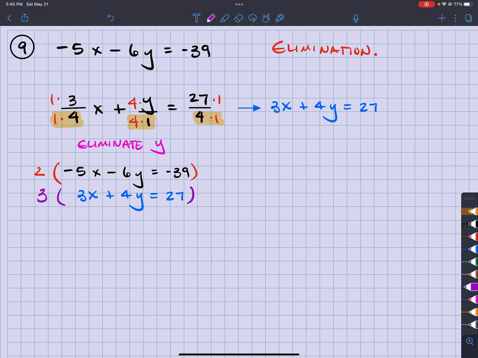while I multiply the bottom one by a 3. Okay, so the top one is going to give me what? It's going to give me a negative 10x minus 12y, and that's going to equal negative 78. And the bottom one is going to give me 9x plus 12y is equal to 1 carry the 2, 81.